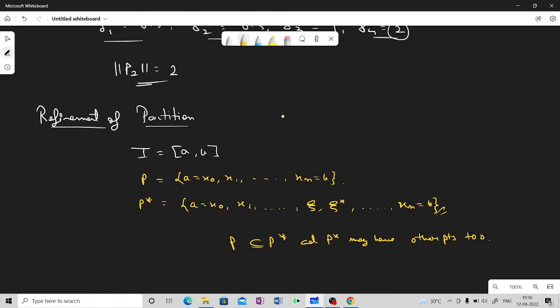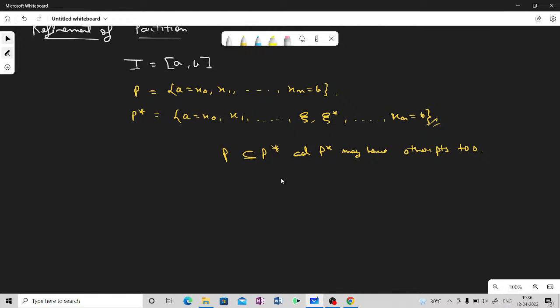That's mandatory. So in this case, P star is called the refined partition of P.